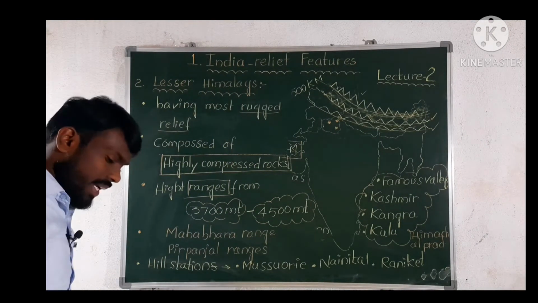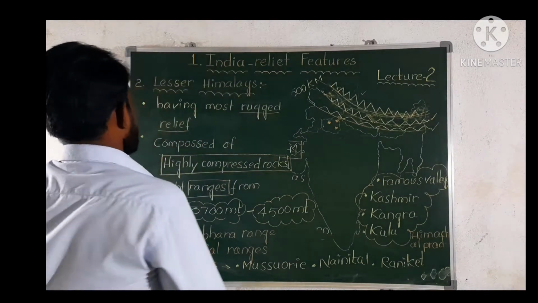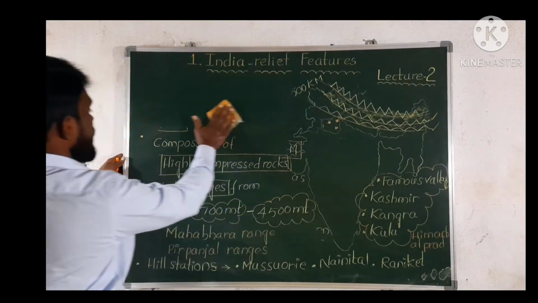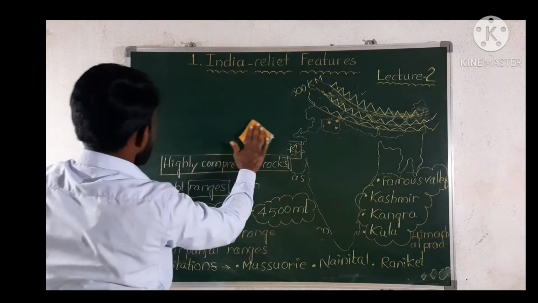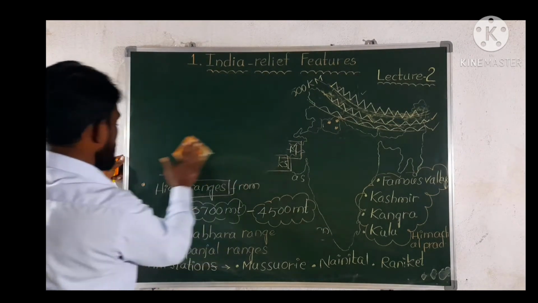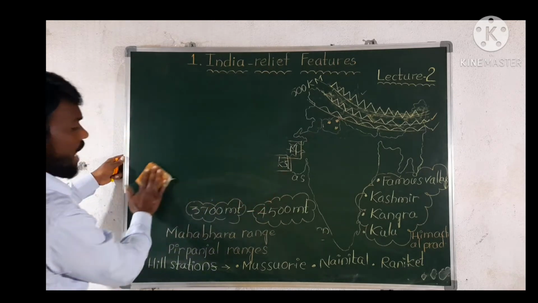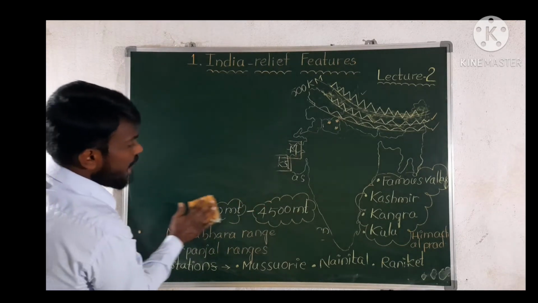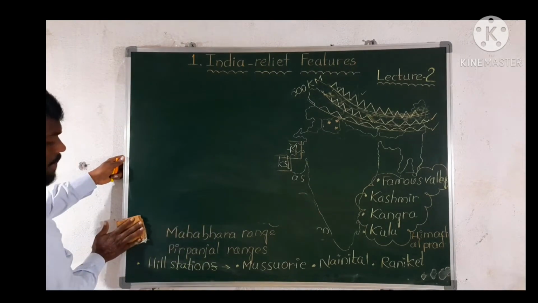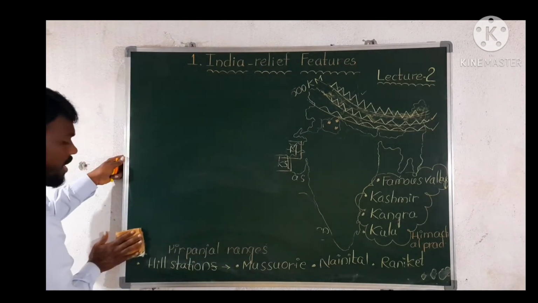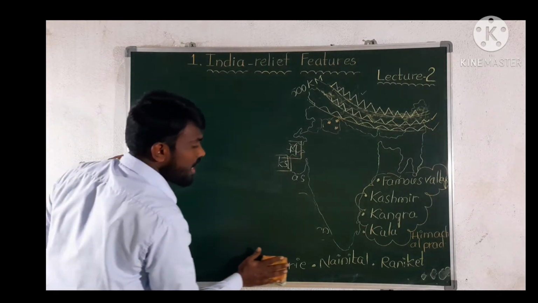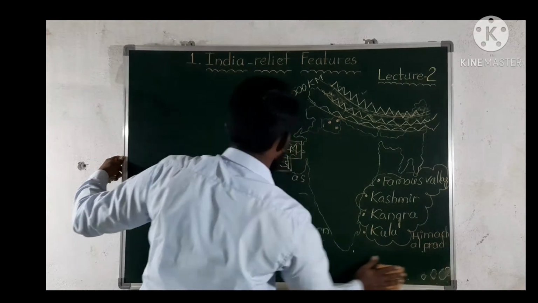The third one is Shivaliks, highly compressed rocks. The height ranges from 3,700 to 4,500. The important ranges are the Mahabharata range and Pir Panjal range, and the famous hill stations are Mussoorie, Nainital and Ranikhet, in the lesser Himalayas.